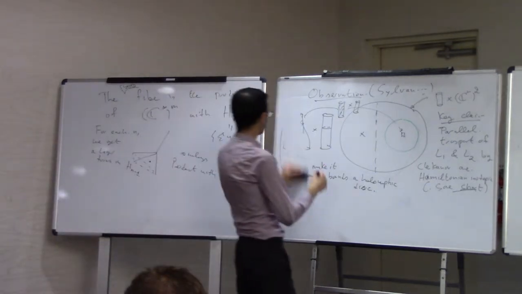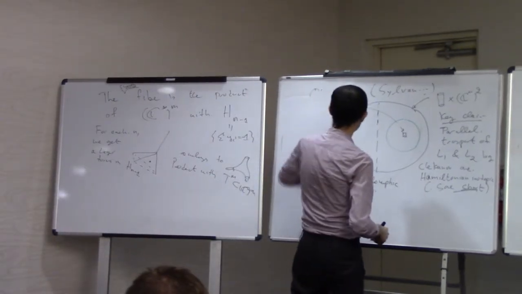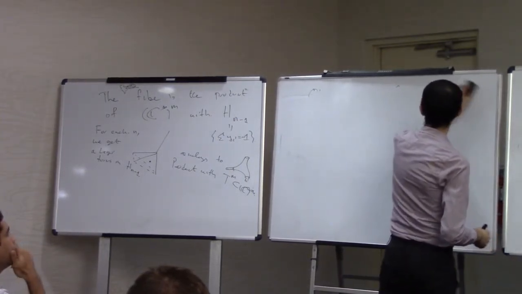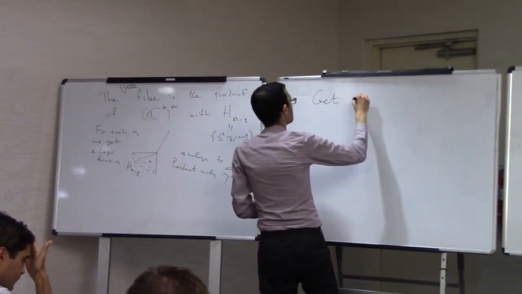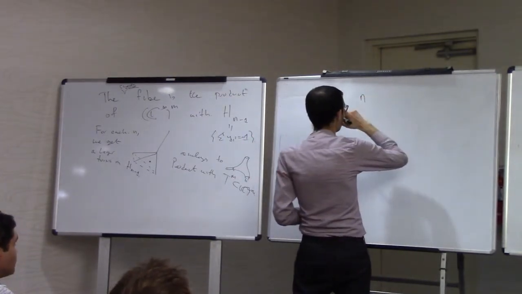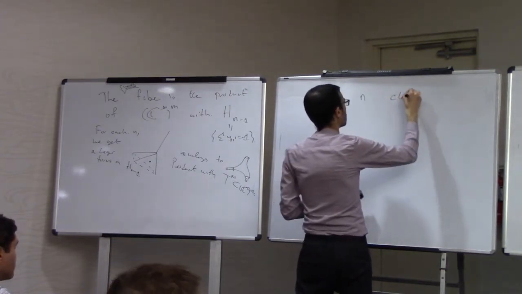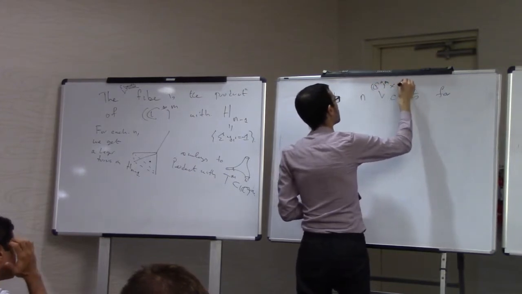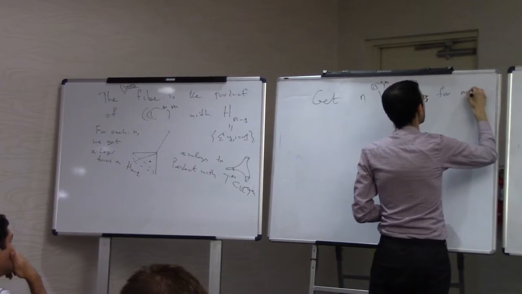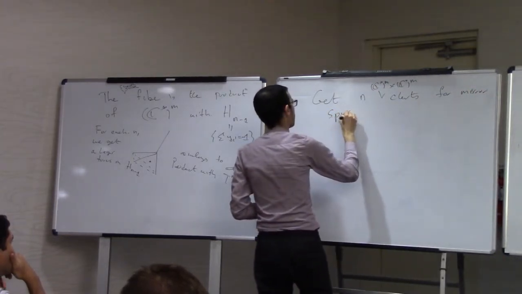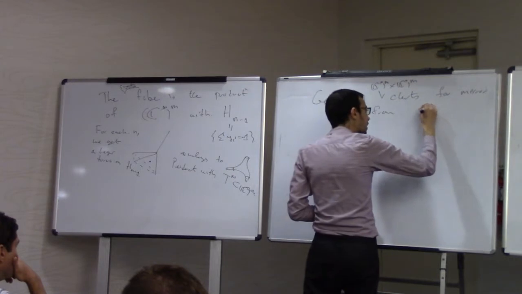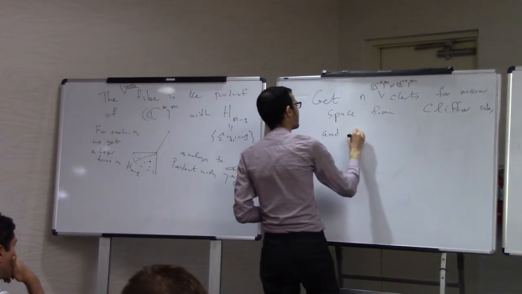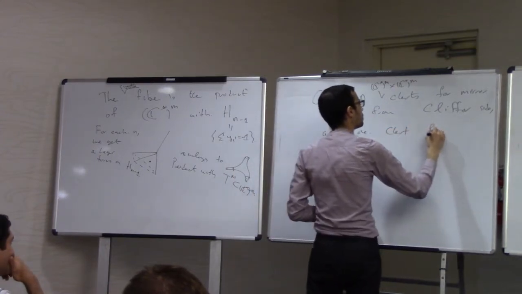And from this, you get n plus 1. So you get n charts for (C star)^n cross (C star)^m charts for the mirror space from the Clifford side, and one chart from the Chicano side.